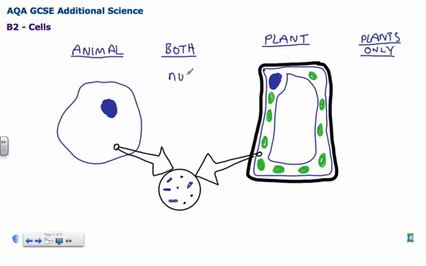The first one is the nucleus, the second one is cytoplasm, and the third one is the cell membrane. Most people remember these. They're quite simple and straightforward, and you come across them a lot in your science at secondary school.